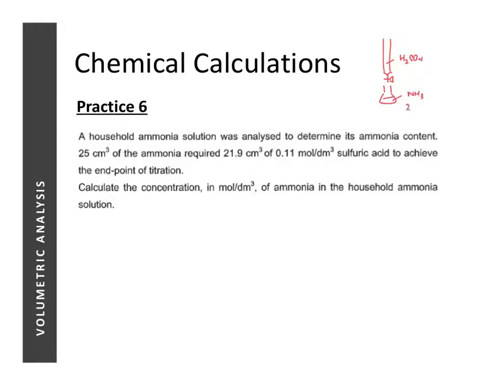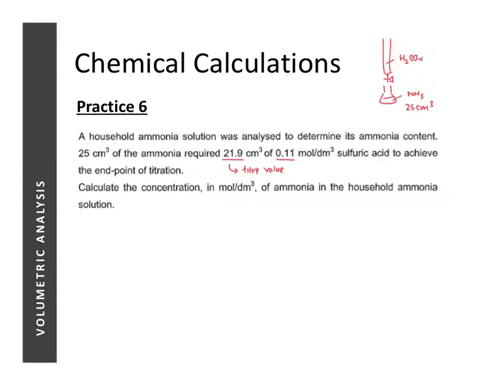Because the question stated 25 centimeter cube of ammonia required this volume of sulfuric acid to achieve endpoint. So this is actually your titer value. You are also given the concentration of sulfuric acid, and the thing that we need to find now is the concentration of ammonia.